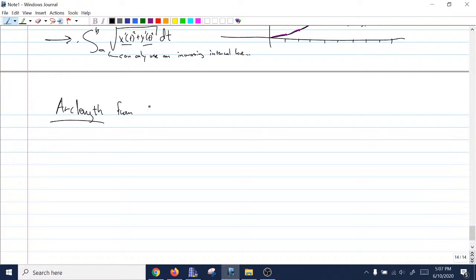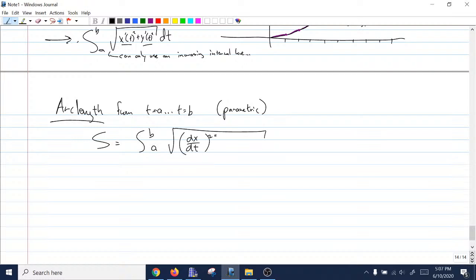From t equals a to t equals b, in a parametric sense, the arc length is the integral from a to b of the square root of dx dt squared plus dy dt squared dt.